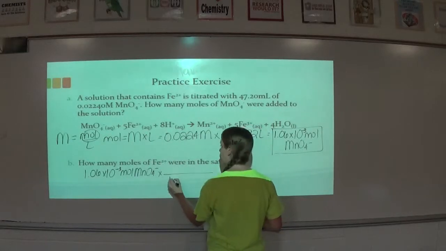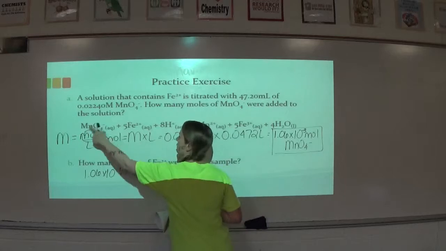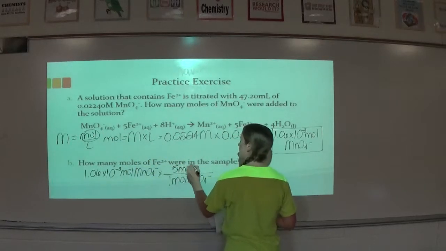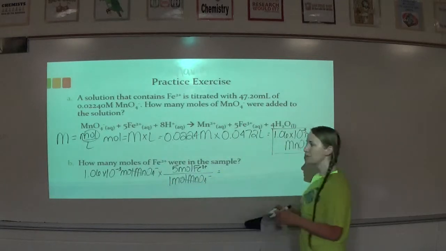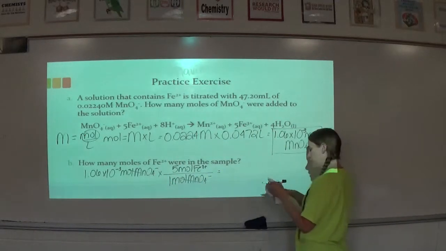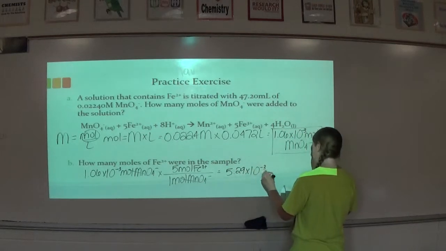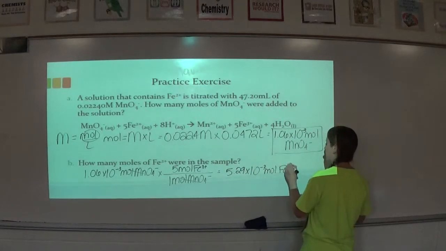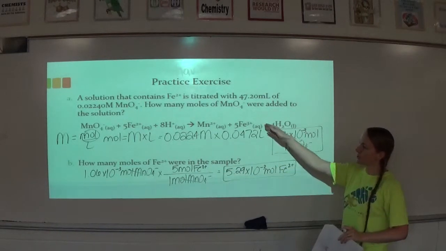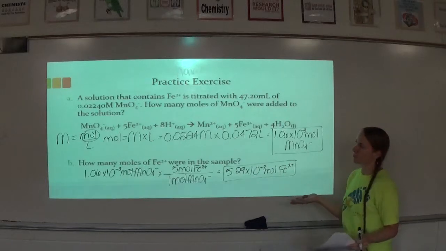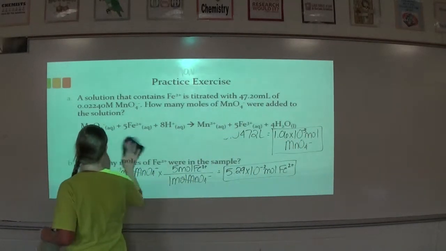Moles of permanganate go on bottom, so I do 1 mole of permanganate, because that's what I get from the stoichiometry in my reaction, equals 5 moles of Fe2+. Since it just asked for moles, I can stop here and solve. Once I multiply by 5, I got 5.29 times 10 to the negative 3 moles of Fe2+. So they just broke it up into 2 different parts for us. Hopefully you got that one right.